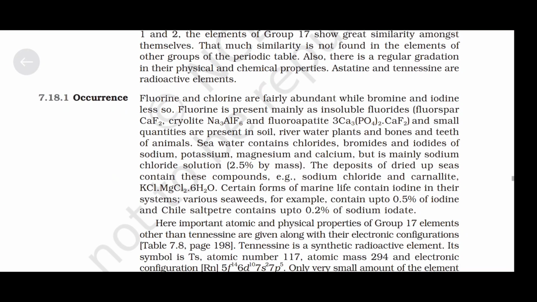Occurrence. Fluorine and chlorine are fairly abundant while bromine and iodine less so. Fluorine is present mainly as insoluble fluorides: fluorspar, CaF2, cryolite, Na3AlF6 and fluorapatite, 3Ca3(PO4)2·CaF2, and small quantities are present in soil, river water, plants and bones and teeth of animals.